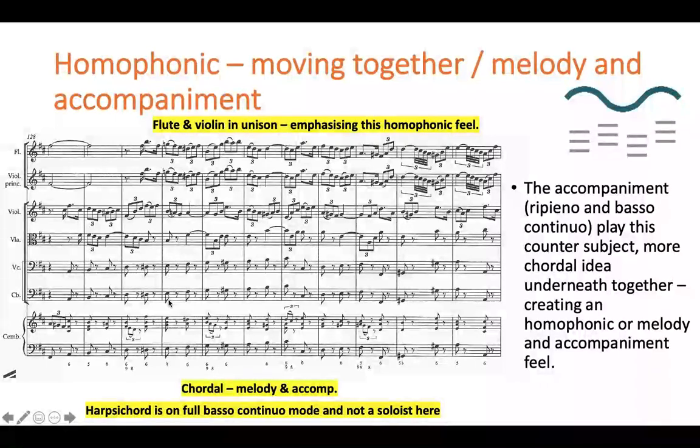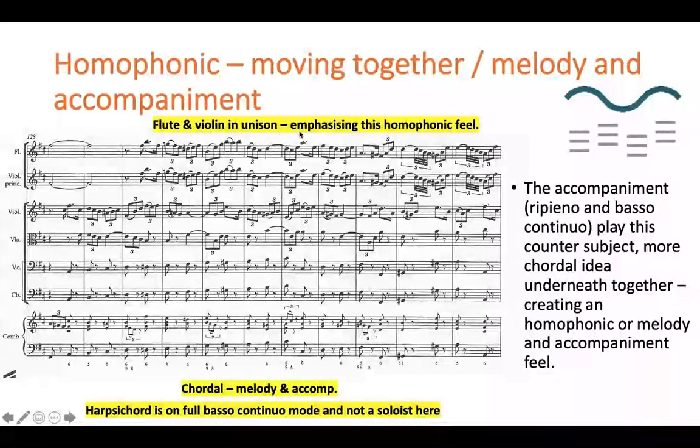But those notes above what the harpsichord is playing is creating a chord. Okay, so the accompaniment here is very chordal. And here the harpsichord is on full basso continuo mode. We know that the harpsichord does also have some solo parts, but in this section he is fully got his basso continuo hat on. So they're playing those chords, whereas on the top we see the flute and the violin.